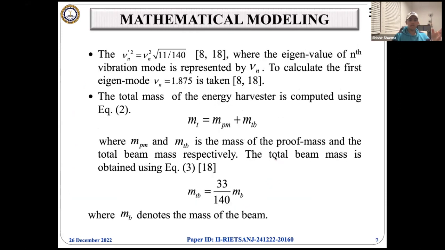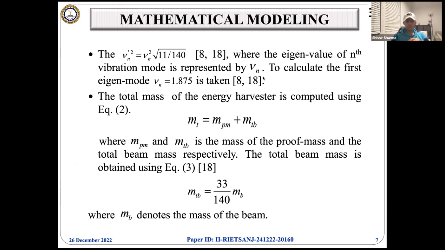All right. Now, based on the reference, we calculated the value for the eigenmode approximately from 1.875, where Vn is for the nth eigenmode.